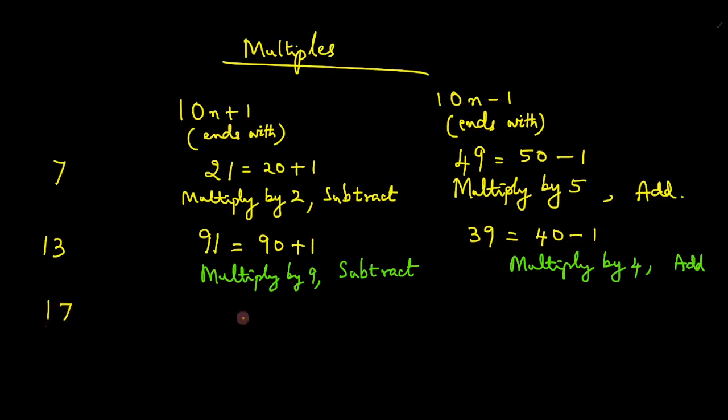For 17, we can take 51, 17 threes are 51, and 17 sevens are 119. Here this is 50 plus 1. Here it is 120 minus 1.